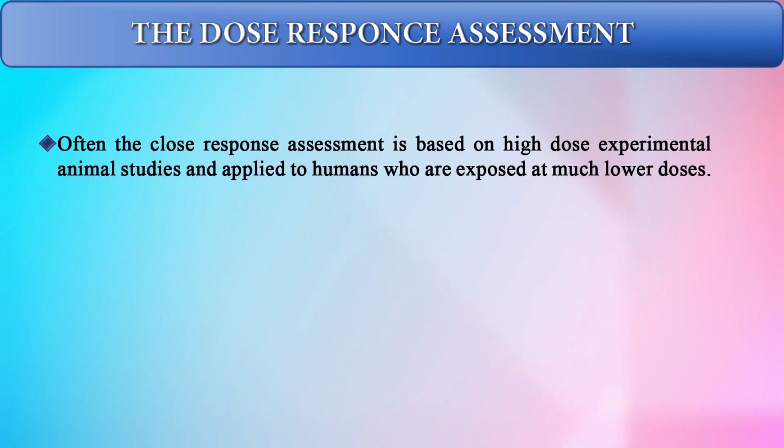The second step in the assessment of risk to humans from a potentially toxic agent, in which the relationship between the dose level to which animals or humans are exposed and the health effect response at each dose level are characterized quantitatively. Often the dose response assessment is based on high dose experimental animal studies and applied to humans who are exposed at much lower doses.